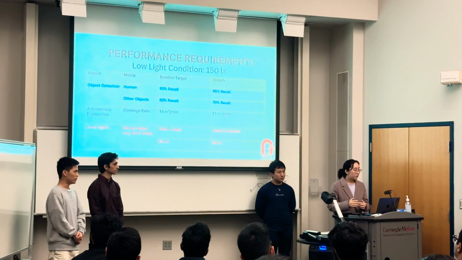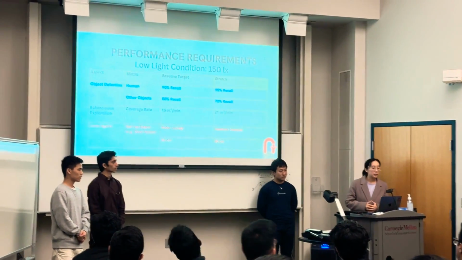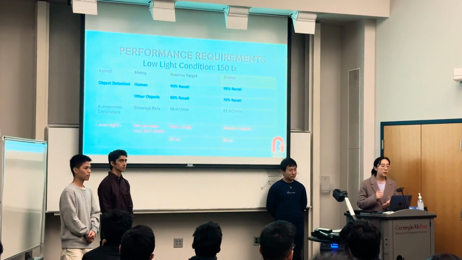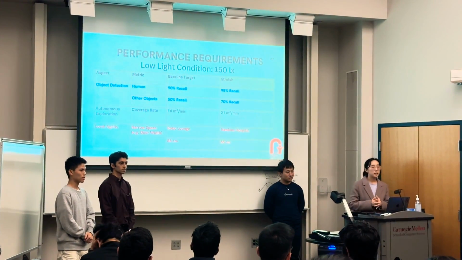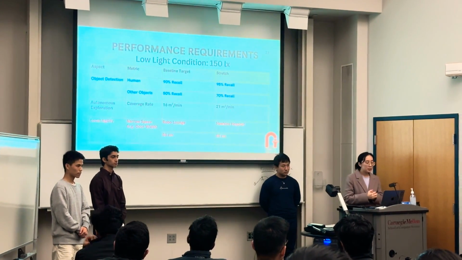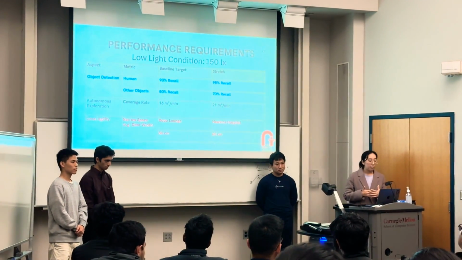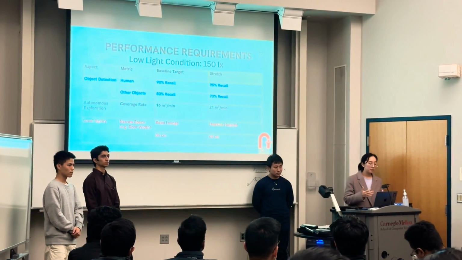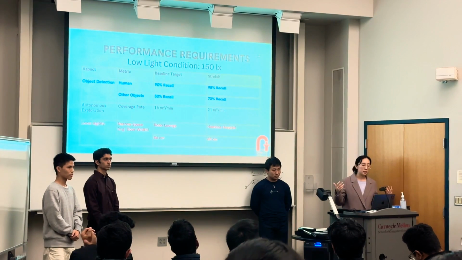So for autonomous exploration, our team aimed to cover 16 square meters per minute, and our stretch goal is 21. For local agility, our team aimed to navigate and pass through a narrow space, such as doors.